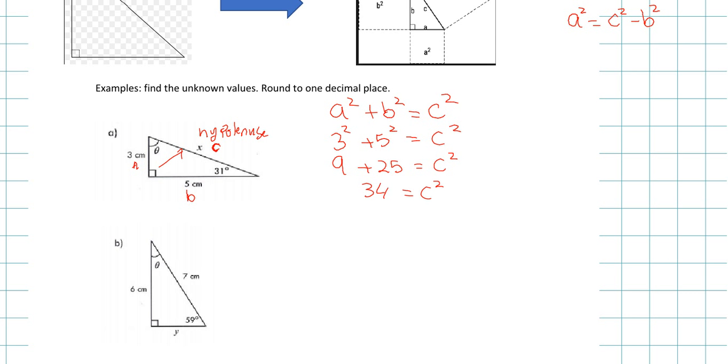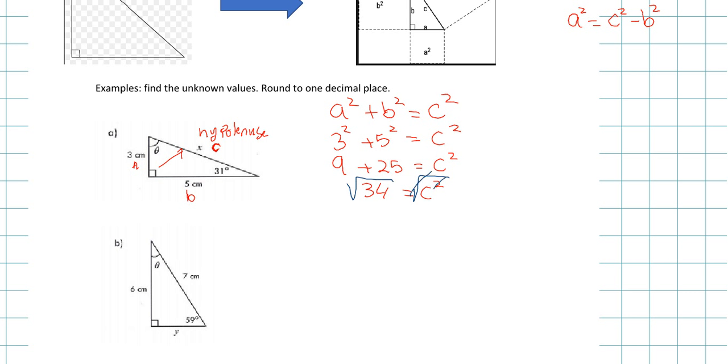Now, I know that C squared is 34. How can I find C? Square root. Because the opposite of square is square root. So for me to get rid of that square, I have to square root both sides. That gets rid of the square, and that leaves me with C. Now, if you do square root of 34 on the calculator, it's going to give you a decimal.